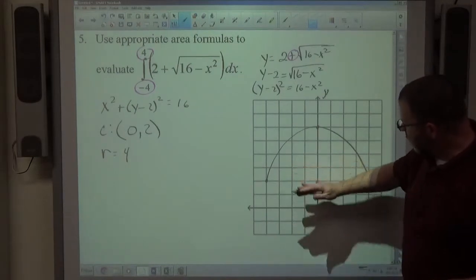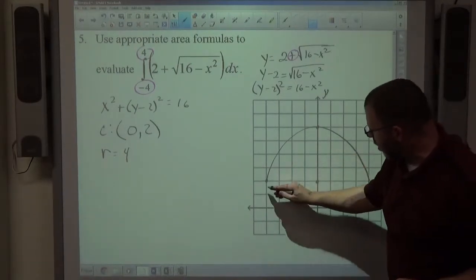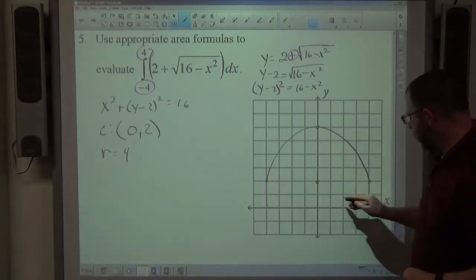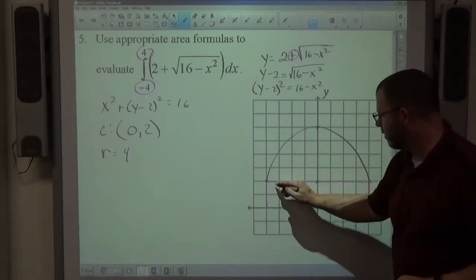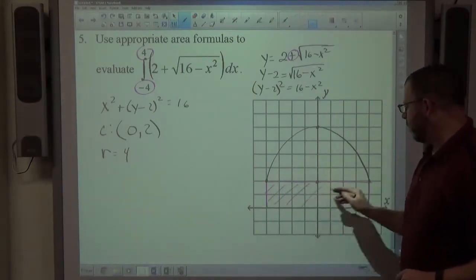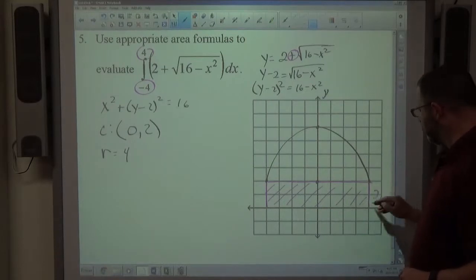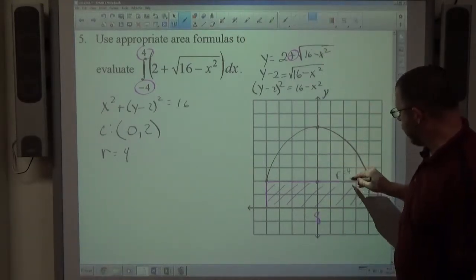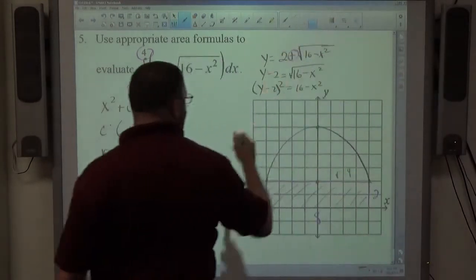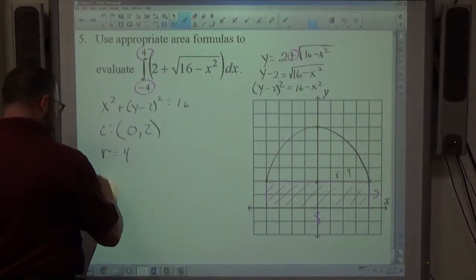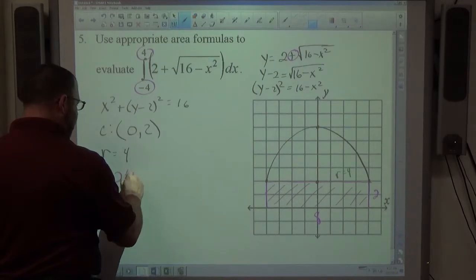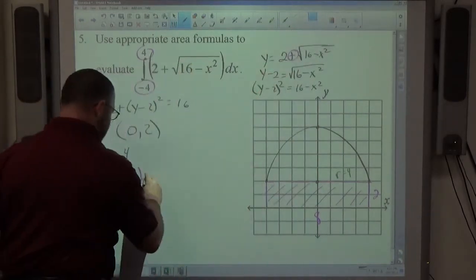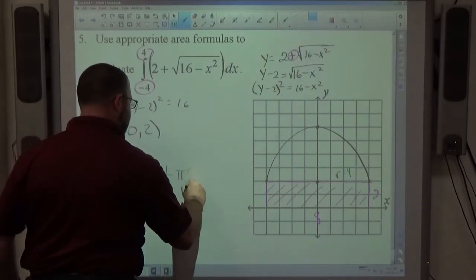And the fact that it's risen up off the x-axis by a little bit just means that we have a rectangle attached to this semicircle. So we have a rectangle, dimensions of 2 and 8. And we have a semicircle, radius of 4. So if I'm trying to find the area of this thing, area is going to equal the rectangle area plus half a circle.